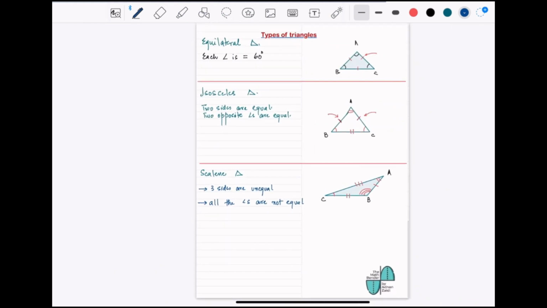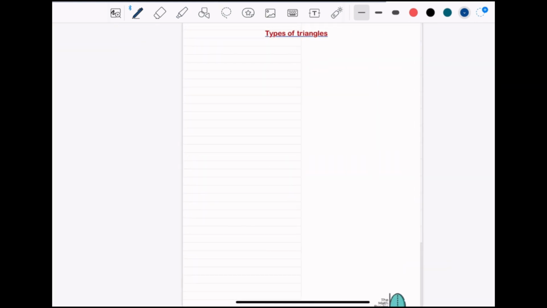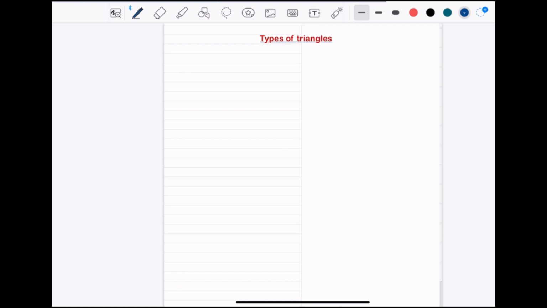Let's have a look at some other types of triangles. There's another one, the acute angle triangle. In an acute angle triangle, all the three angles of a triangle are less than 90 degrees, that is, acute angles.